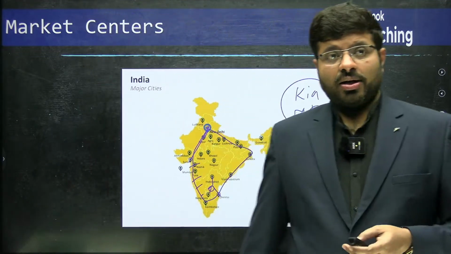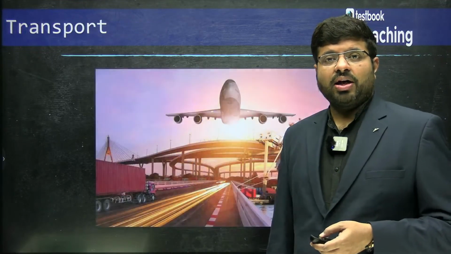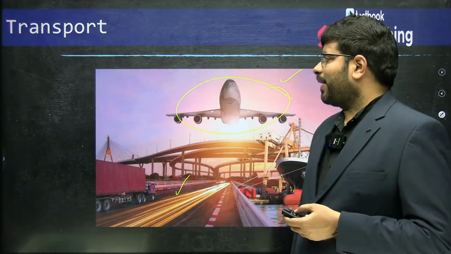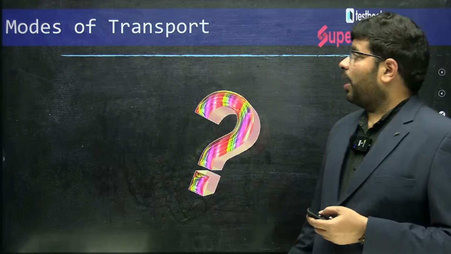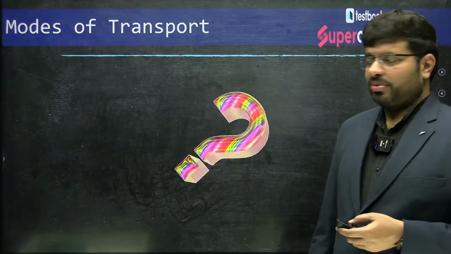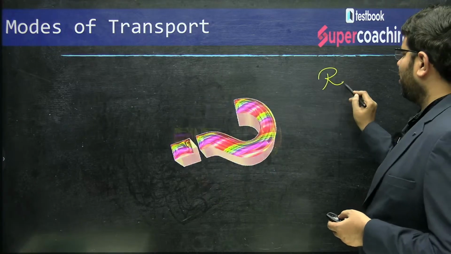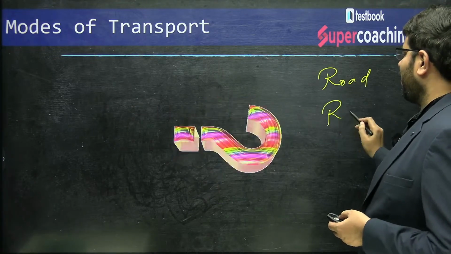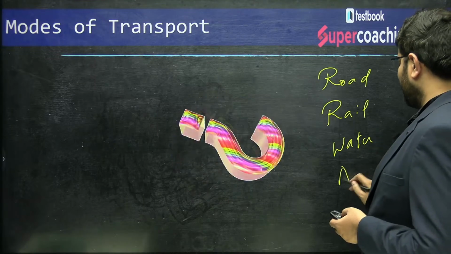So, this is the location of a market and transport together, that is how it is changing. Now, can you identify what other modes of transport you have? I think everyone will tell about road, rail, water, sea transport as well as air.